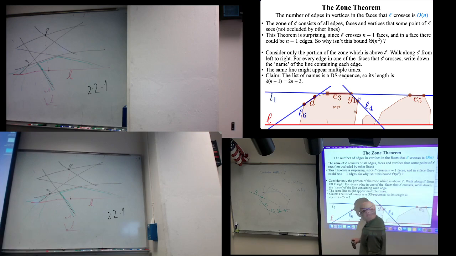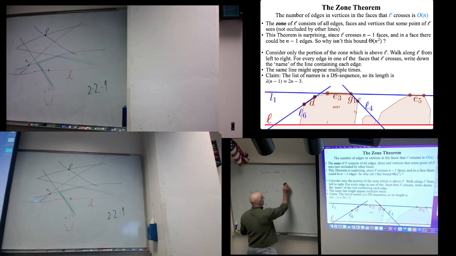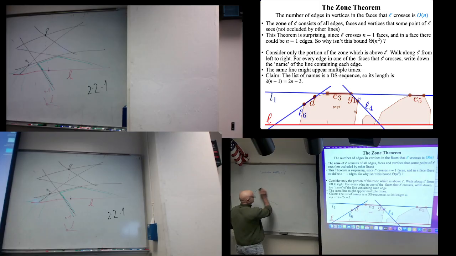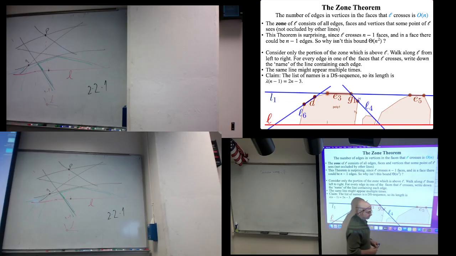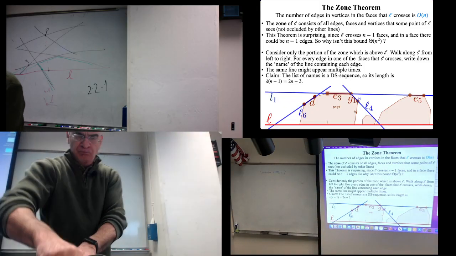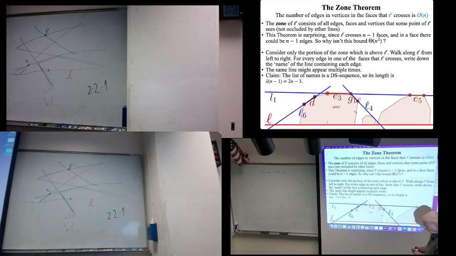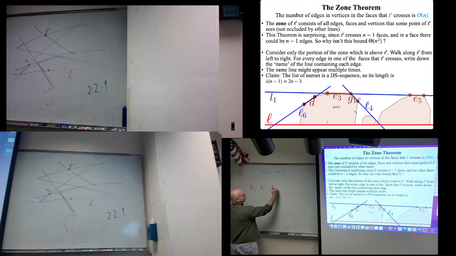Let's try to summarize it. If I've seen Li and I stopped, or there is a vertex caused because I've seen Lj, then it could be that Lj will appear several times, Lj, Lj, Lj.